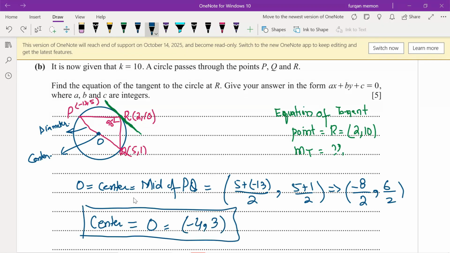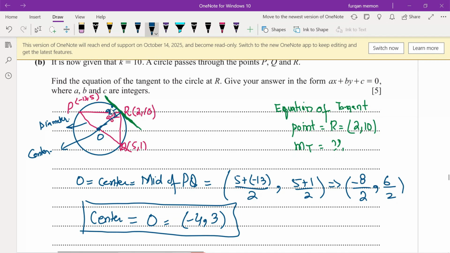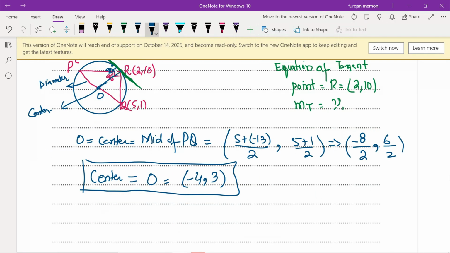Why do we need the center? When we draw the line from R to the center, we will have a normal angle between the tangent at R and OR. So if we can find the slope of OR, we can easily find the slope of the tangent to the circle at R. So first we find the slope of OR, which is M, and this is equal to y2 minus y1.